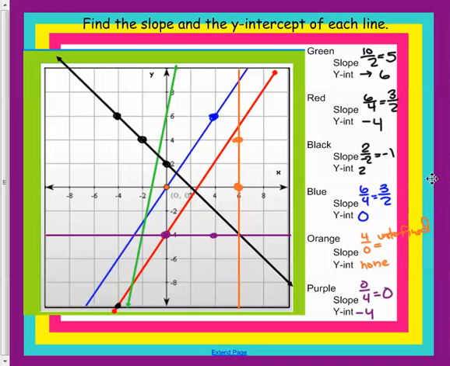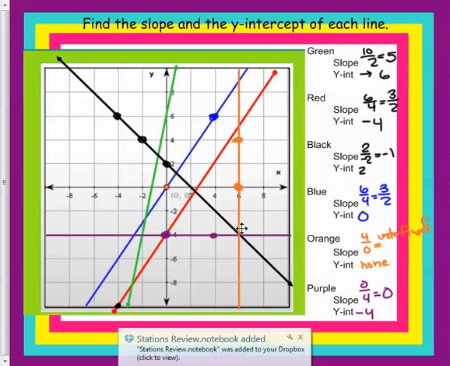Okay, so in this case, we have the black line is rising 2, but going back 2. So that's a slope of -1, while the y-intercept is at 2. For the blue one, it's rising 6 and running 4. So it is a positive 3/2, and it's crossing at the 0 for the y-intercept. The orange one's kind of goofy.